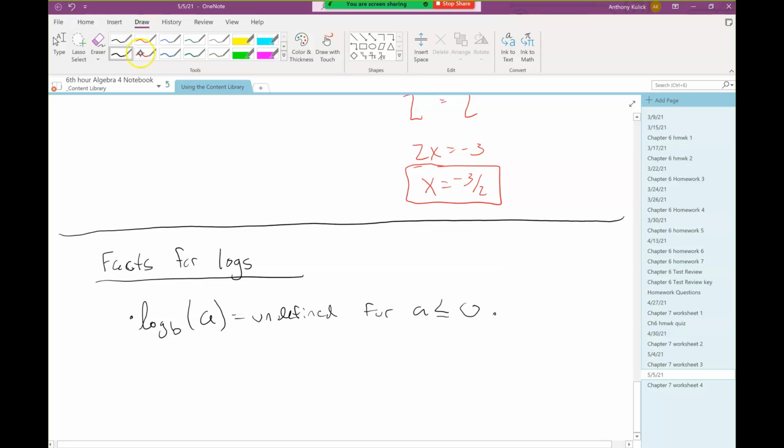Which should make sense because b is the base of an exponential, which is always a number that's greater than 0 and not equal to 1. It would be like saying, what power of 3 is going to give me a negative number? Well, nothing, right? You can't take a power of 3 of something that's positive and have it become negative. You know what I mean, guys? So that's the idea there.